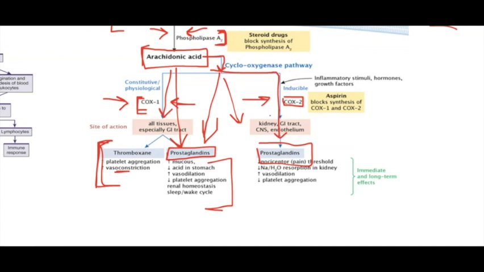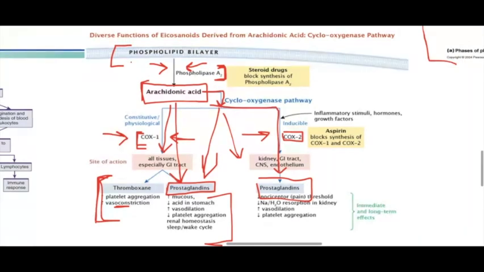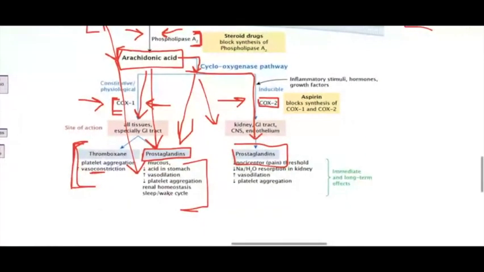I think just understanding that this is how the phospholipid bilayer of our cells is broken down into arachidonic acid and then further broken down into prostaglandins, which are going to have a huge effect on our inflammatory process, right?